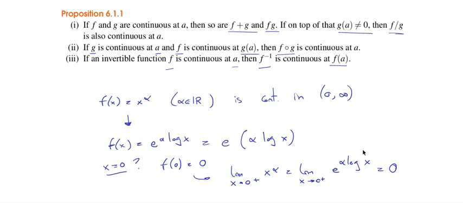We could also do it by changing the variable and saying t is the logarithm of x, so the limit when x goes to 0 on the right is the same as the limit when t goes to minus infinity.